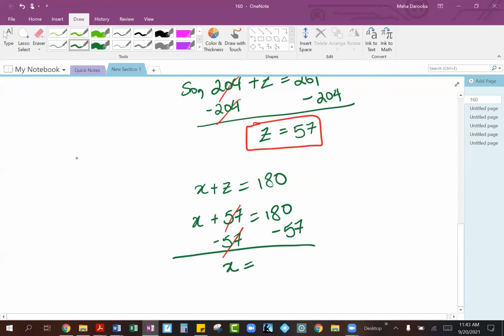So 180 minus 57 will give us what, guys? 123. All right, very nice, Adali. 123. Okay, very good. So 2 down, 2 more to go.